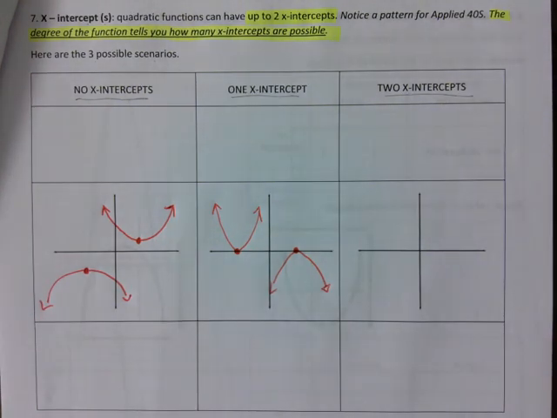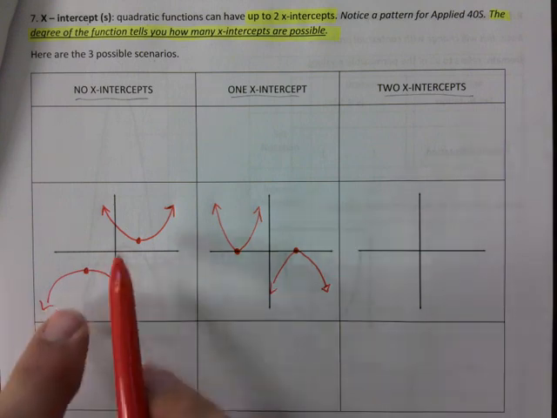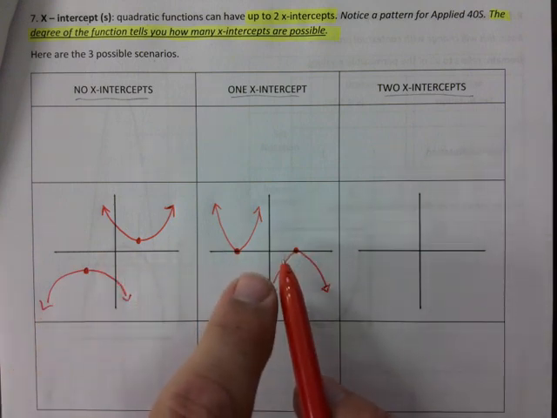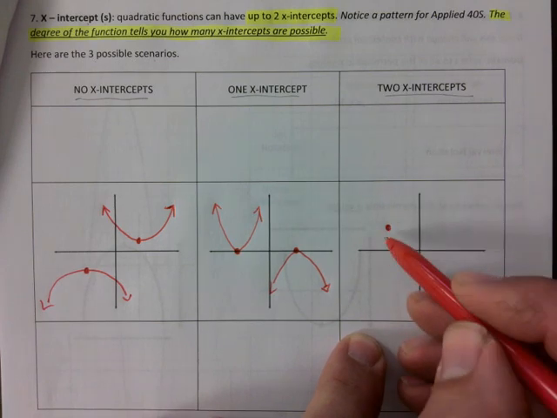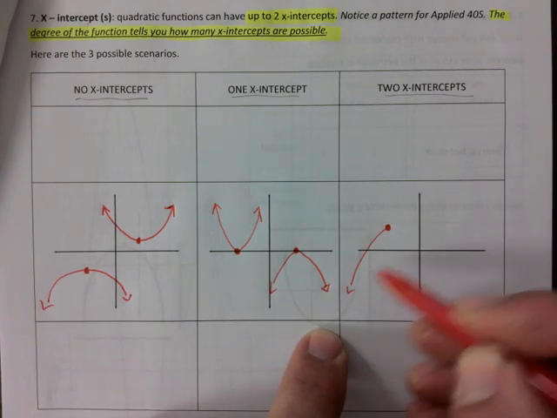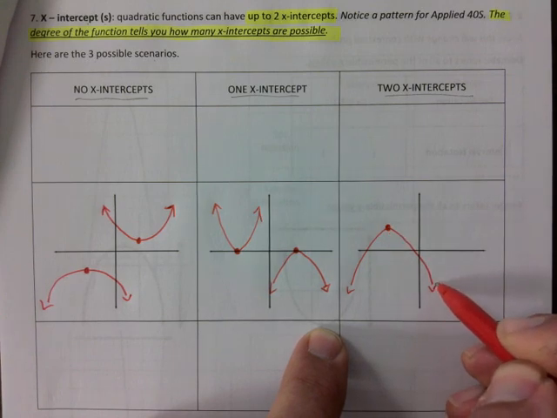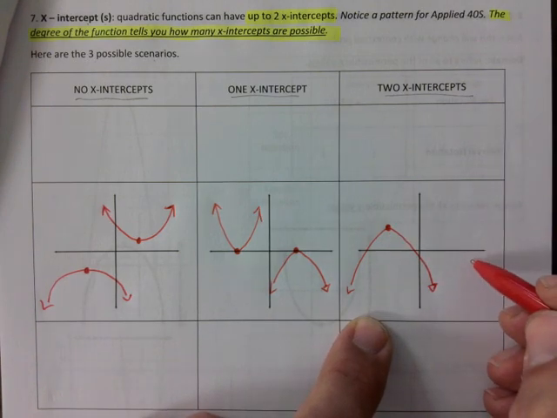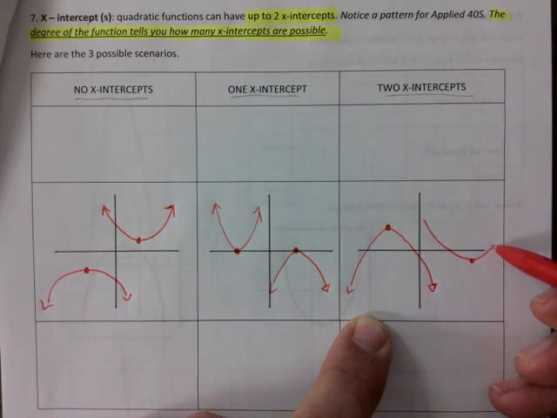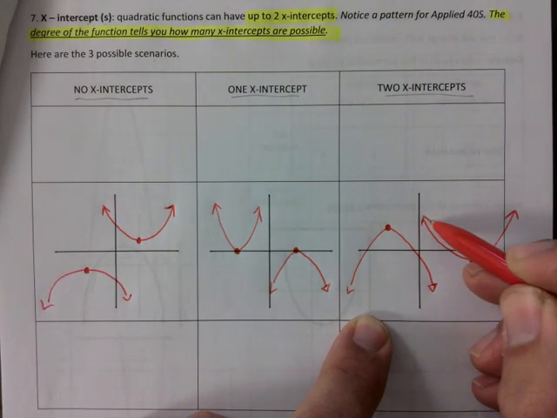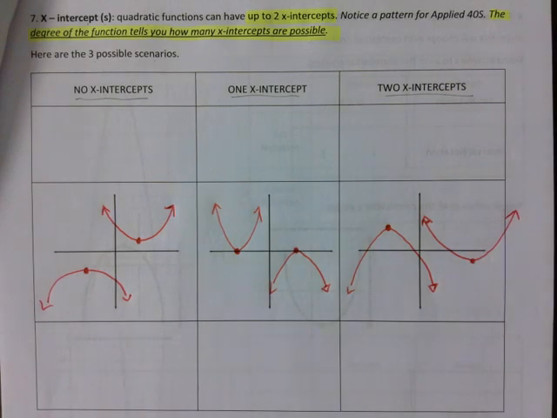There's always going to be a y-intercept, no question about it, because it opens up indefinitely sideways. So at some point it's going to cross the y-axis. But when it comes to x-intercepts, 0, 1, or 2. So that would be if the vertex is here and it points downwards, and over here, if you have one that crosses it twice there.